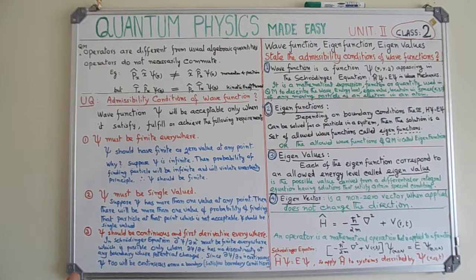That means it should satisfy the boundary condition. What is it? In the Schrodinger equation, there is a term partial differential square psi by dx square, the del square along the x-axis. Del square is a Laplacian operator. Along the x direction it is the partial differential of square of psi divided by partial differential x square.